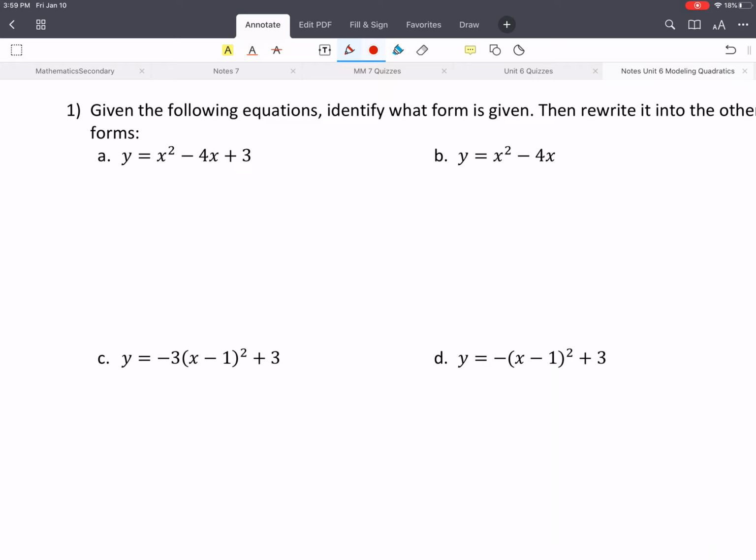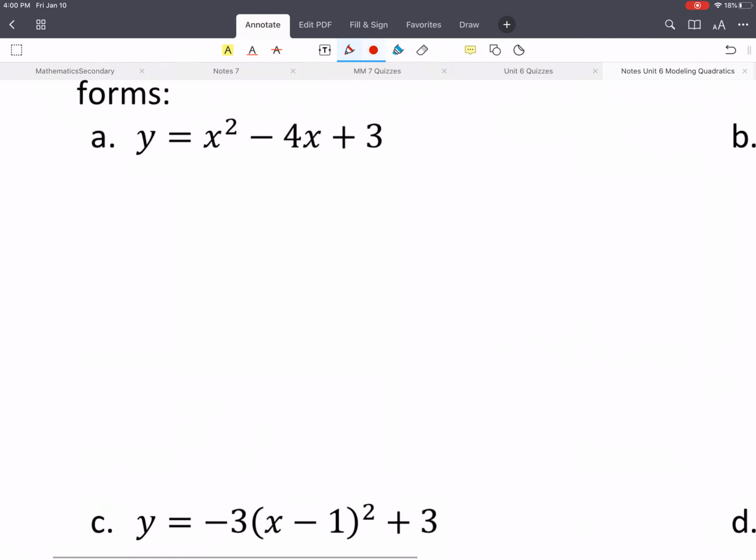It says, given the following equations, identify what form is given, then write it in the other 2 forms. So in this example for A, that would be standard, and we need to write it in the other 2 forms. So we could start with vertex.